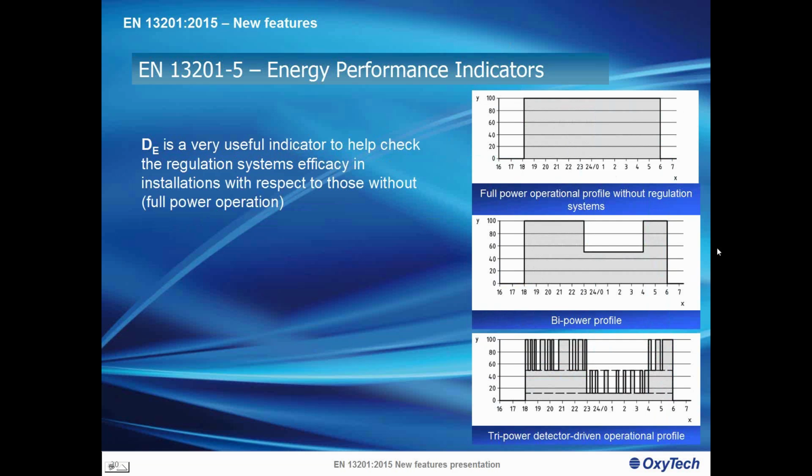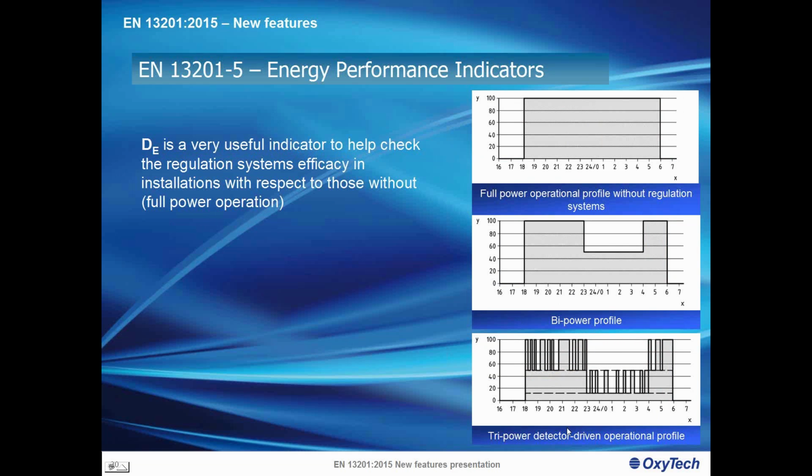In the second case, we have a B power profile. So it means that for the first 5 hours, we work at 100%, and then we reduce power during the night at 50%, and then come back to 100% from 4 o'clock in the morning up to 6 o'clock.